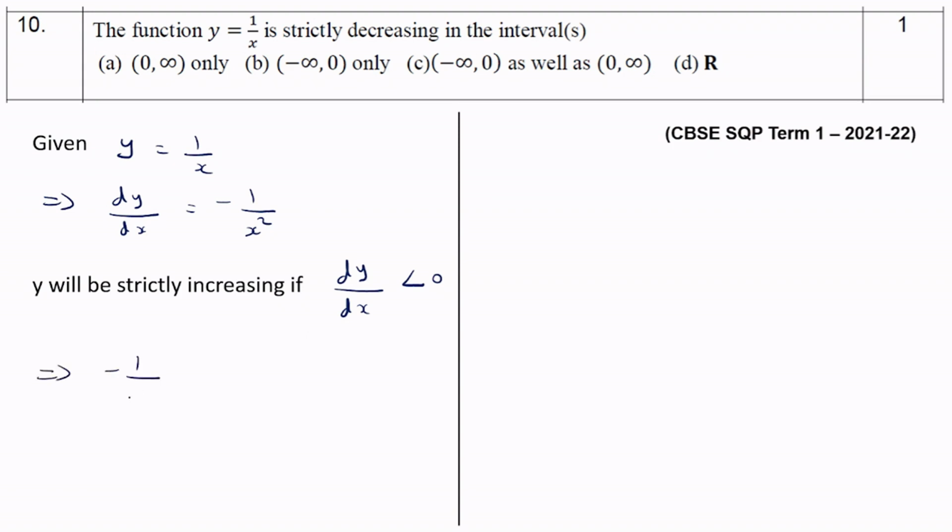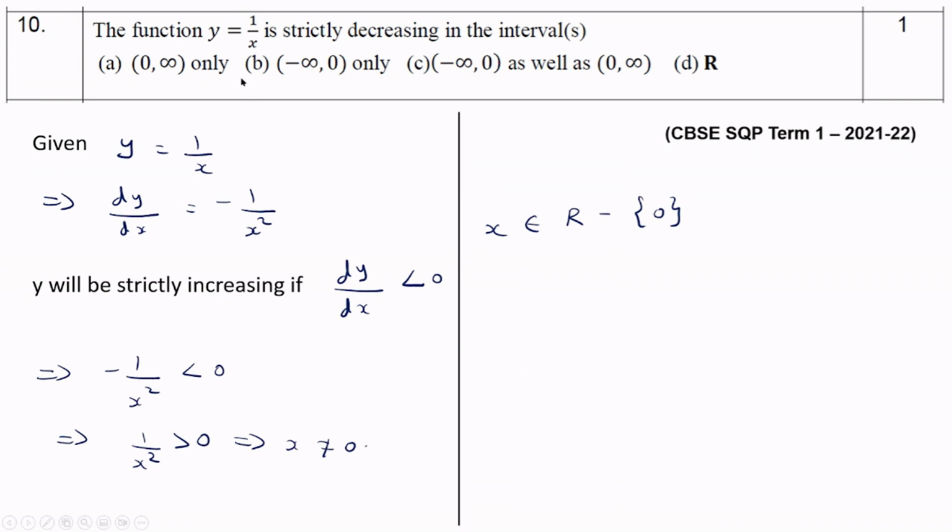This implies minus 1 by x square less than 0, or 1 by x square is greater than 0. So the points where 1 by x square is greater than 0 consist of x belonging to the entire real numbers minus 0 alone, because here we have 1 by x square, so x not equal to 0.